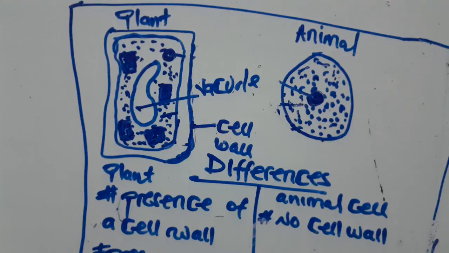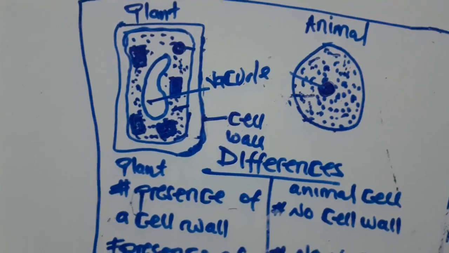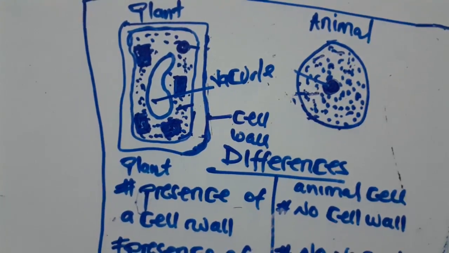Okay, it changes, in short. So the plant cell is fixed, it is definite, so the shape is definite, while in an animal cell it is indefinite.